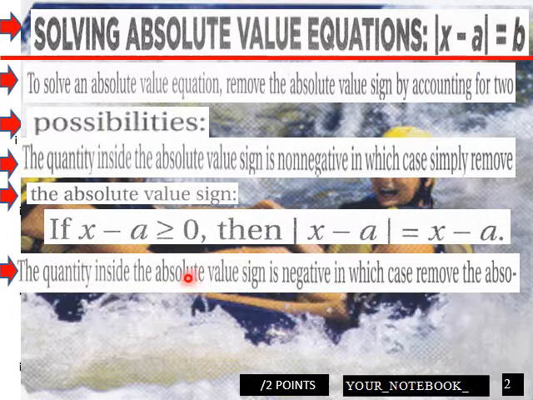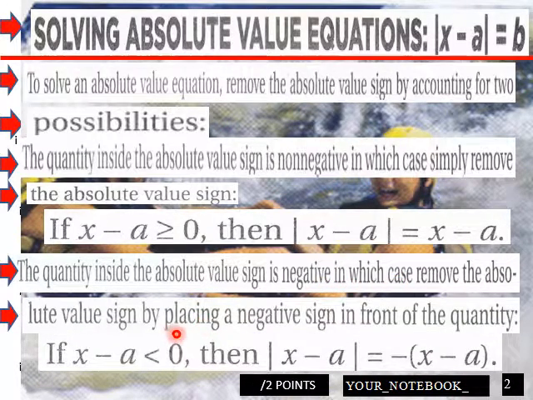Second, the quantity inside is negative, in which case remove the absolute value sign by placing a negative sign in front of the quantity. So if x minus a is less than 0, then |x minus a| equals the negative of x minus a.